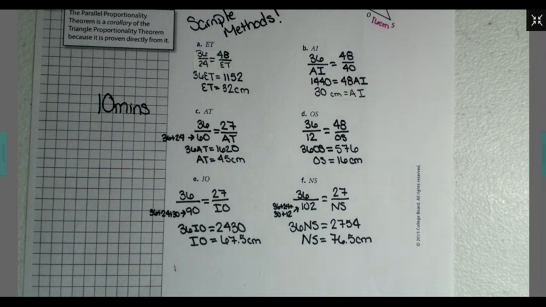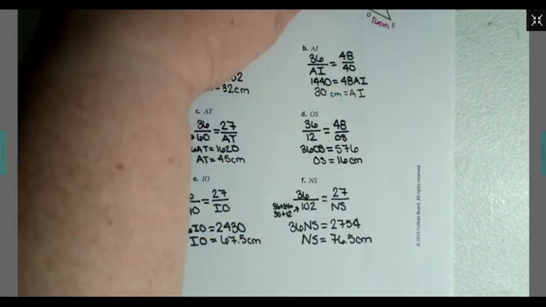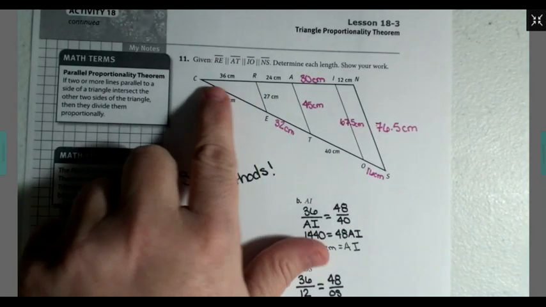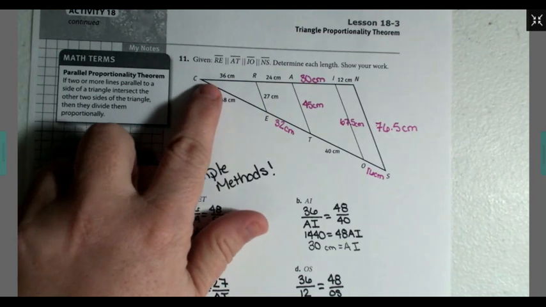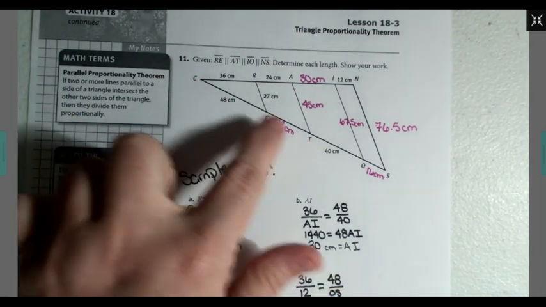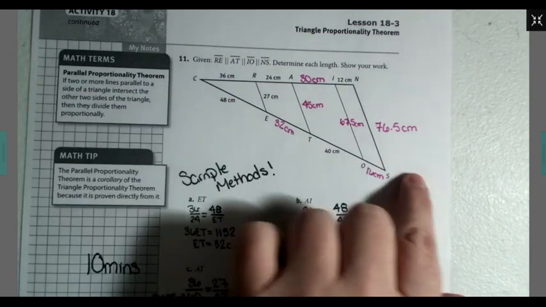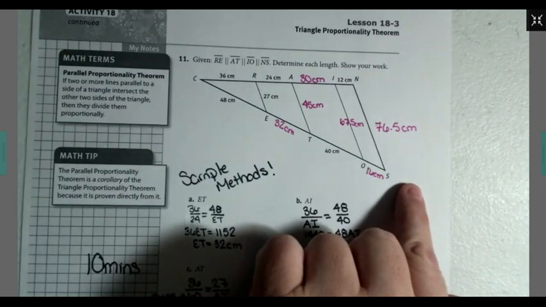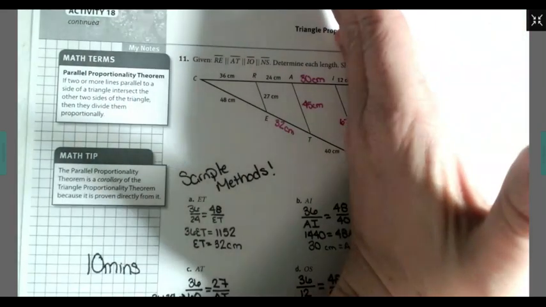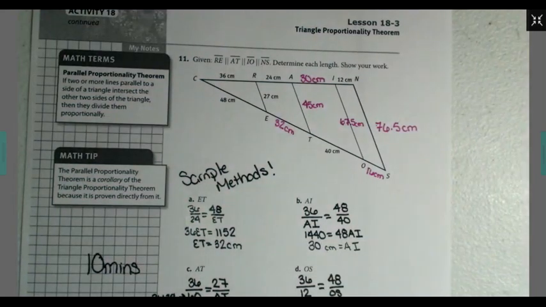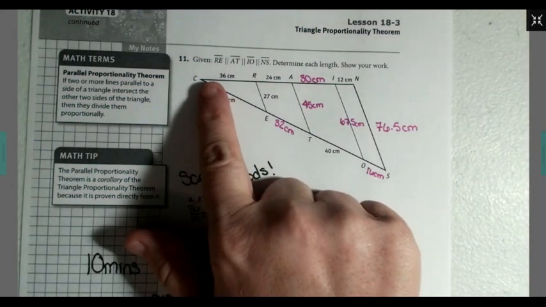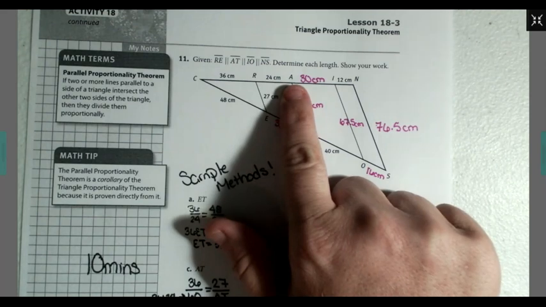The biggest thing that I have to note is earlier we're able to do piece over piece as long as I'm conforming to the line that is all together. If we're talking about the lines that are parallel, that are cutting through the triangle, you have to do part to whole.